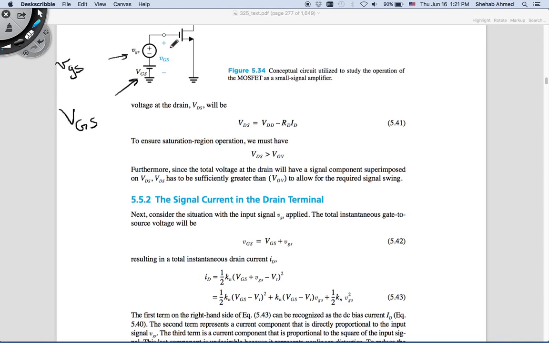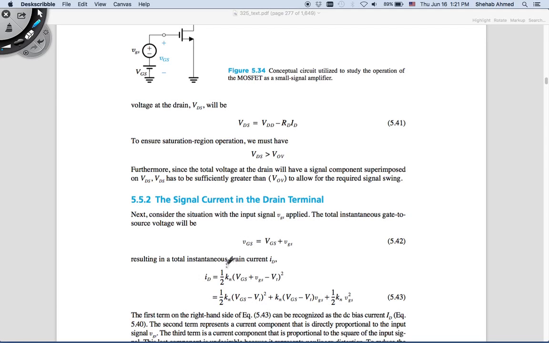For the total signal, they use small v, capital G, capital S. So my small v, capital G, capital S, that's the total voltage between the gate and the source. That's equal to my large signal, or DC operating point voltage, and the small signal that I'm adding.